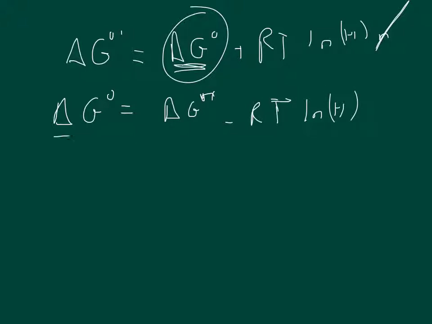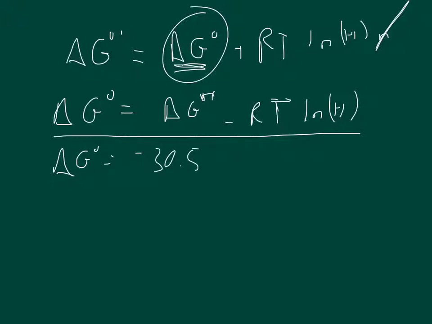At this point we're at a symbolic solution, so all we have to do now is plug in numbers. So delta G standard state is equal to negative 30.5 minus, now RT times the natural log of H. We're at a pH of 7, so that means the natural log of H is the natural log of 10 to the negative 7th.